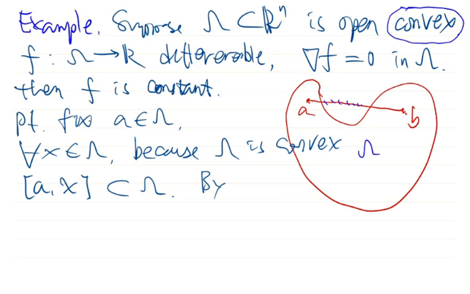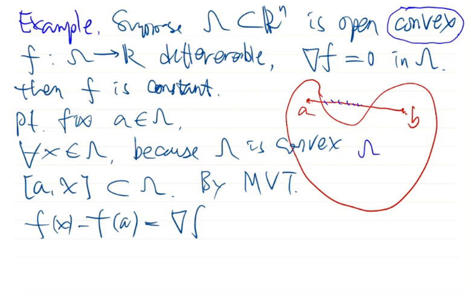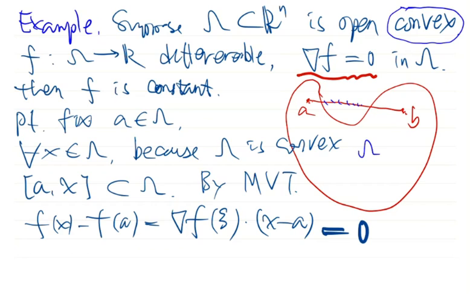Therefore, by the mean value theorem, f(x) minus f(a) is the gradient at some intermediate point dotted with x minus a. But the gradient is identically 0, which is the assumption of the problem. So this is 0. This means f(x) equals f(a). That is, the value of f at every point equals the value of f at the given point a. Therefore, f is constant.